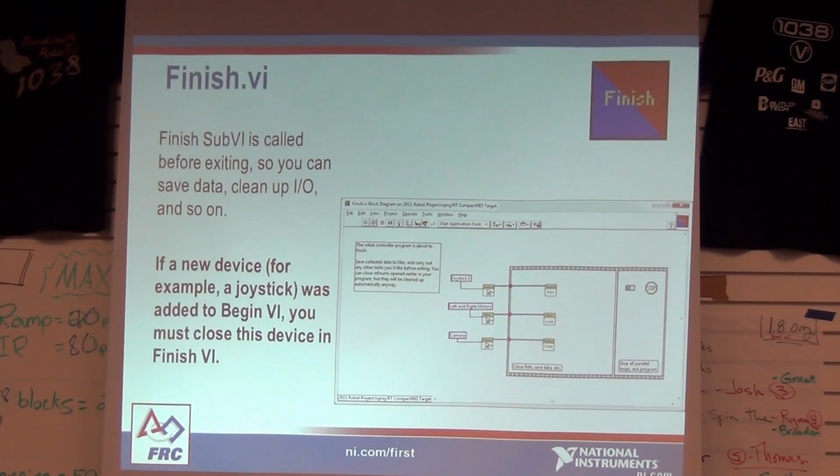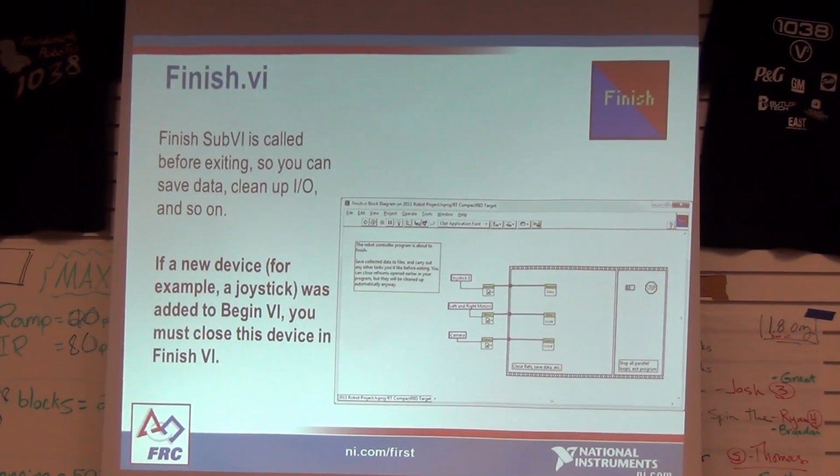And that's another thing. When you are running your program in LabVIEW on the computer or on the cRIO, you really don't want to use this stop button. Okay? For this very reason. If you're pressing this stop button, yes, you're stopping the program from running, but what you're not doing is running this finish VI.